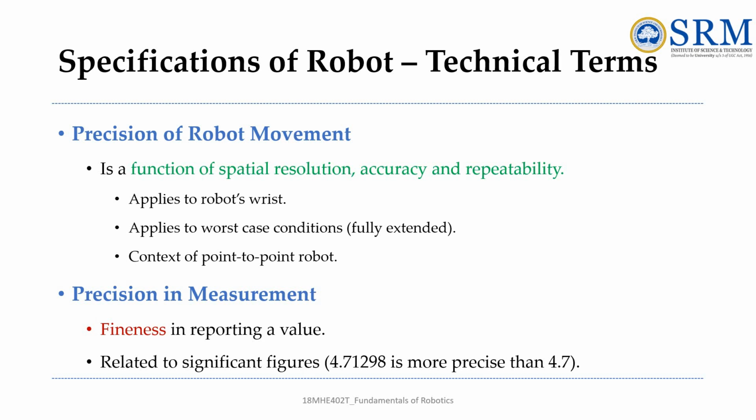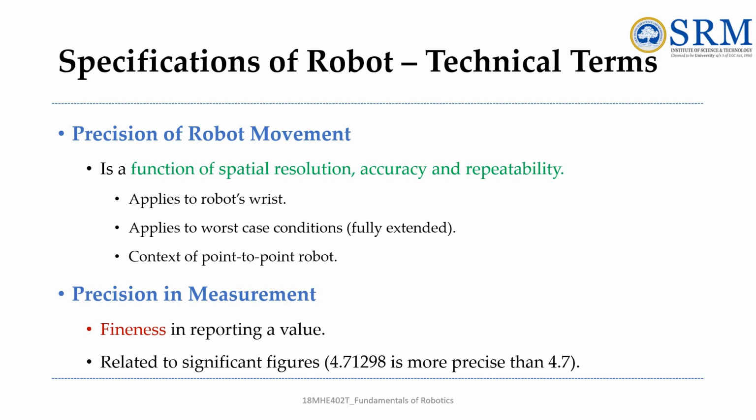So, how accurate it is, whether it's consistently on the bullseye, and how well it can keep hitting that same spot, that is repeatability. All of this matters when the robot is reaching out as far as it can, like a basketball player trying to make the perfect shot from the far end of the court.